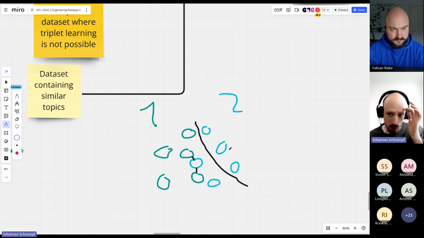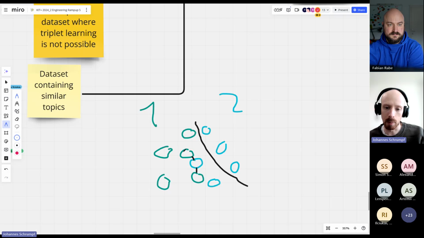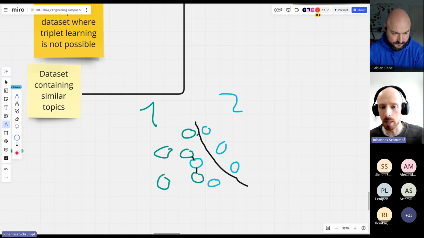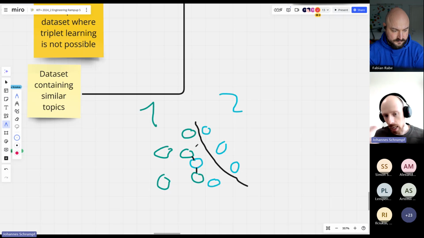And so you want to find a balance where, when you select the anchor and the positive and the negative, you balance it out so that the model maybe sees more easy examples in the beginning, and it sees harder and harder examples later on.